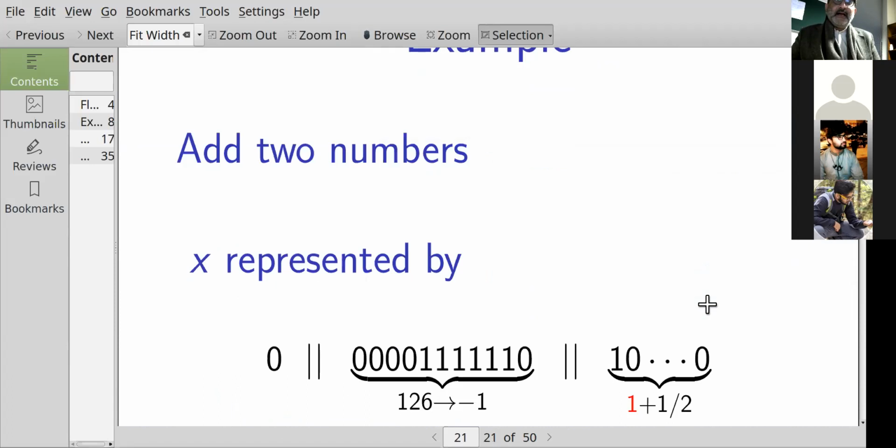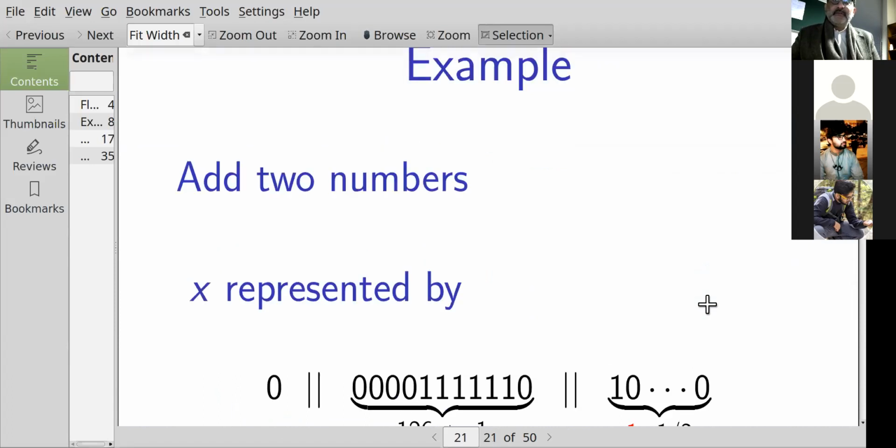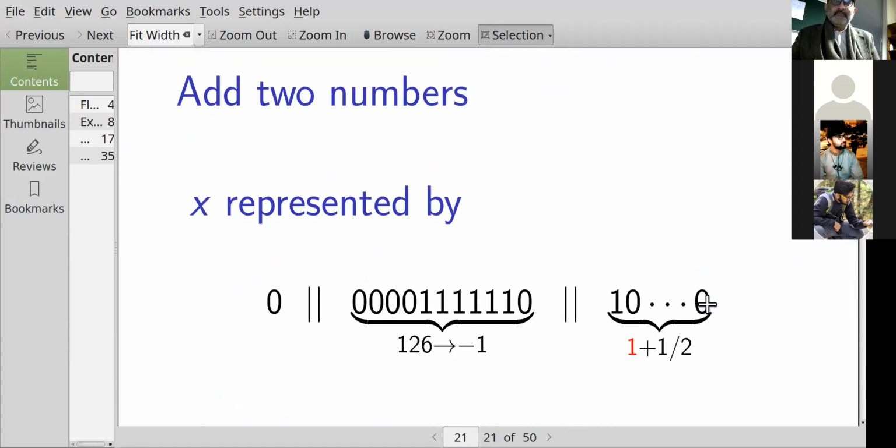Okay, now let's say I'm going to add 2 numbers, x and y. Let's say the representation of x is like this. These bits for the exponent look like 126, but remember we have a bias of 127. So this represents 2 to the minus 1 over here in the middle.